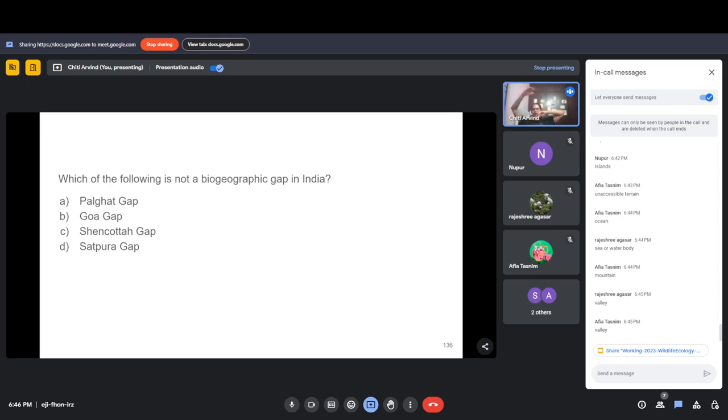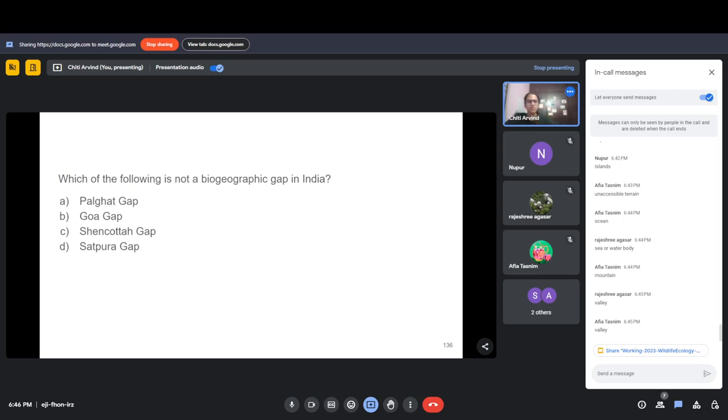The Goa Gap is on the top near Goa, which is actually a climatic barrier. So, a differential climatic barrier results in species being unable to cross across this. And you have the Shenkota Gap, which is below the Palghat Gap, that also forms a hard valley geographic barrier and prevents species from moving north and south of this, right?